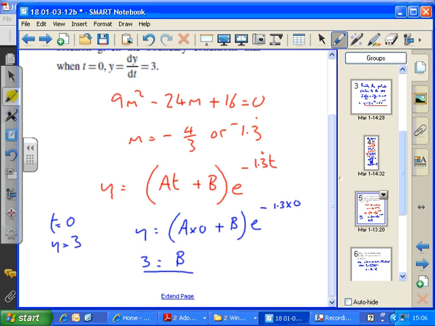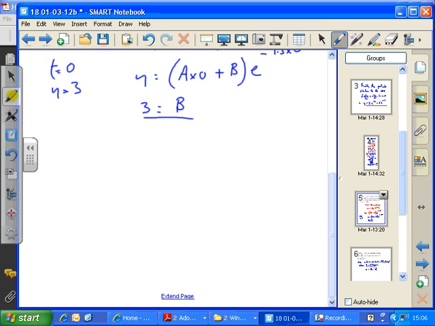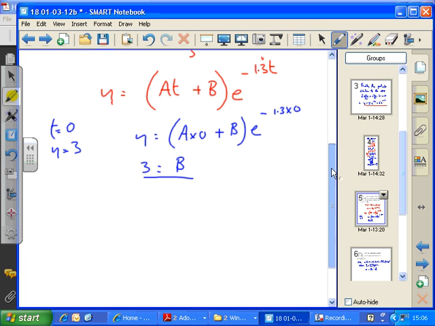Now all we have to do is differentiate that function, and then we can find a. What's the original function? y equals (at plus b) e to the minus 1.3 recurring t.